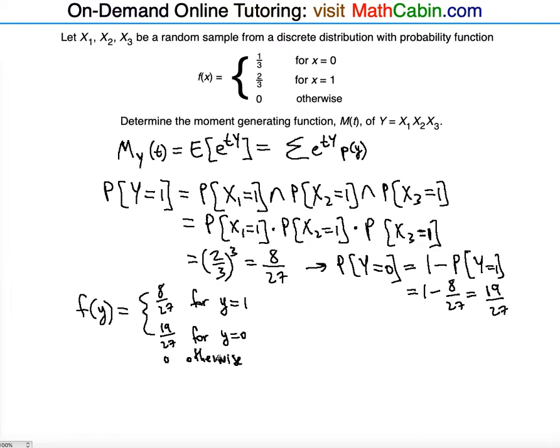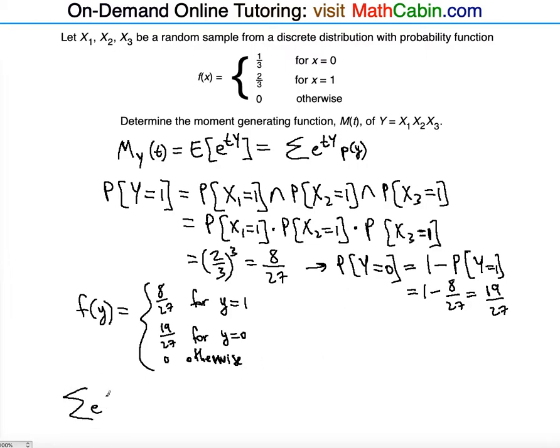There's no probability for any other y values other than 0 and 1. So this is the probability function for the random variable y, and now that we have it, we can answer this question.